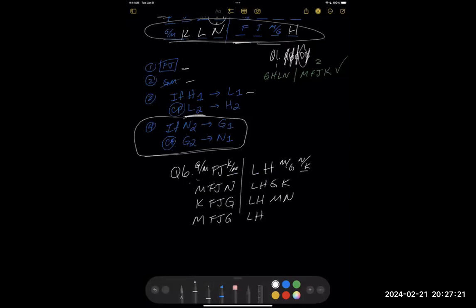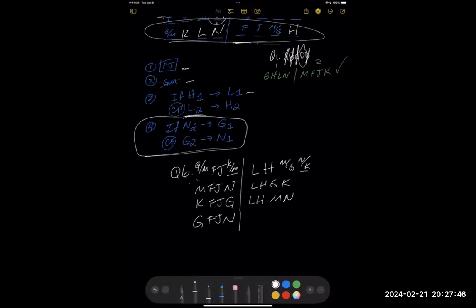Wait, no. Sorry, both N and G is possible. Got confused there because M and N sound alike. So M and G can't be together, but N and G can be.